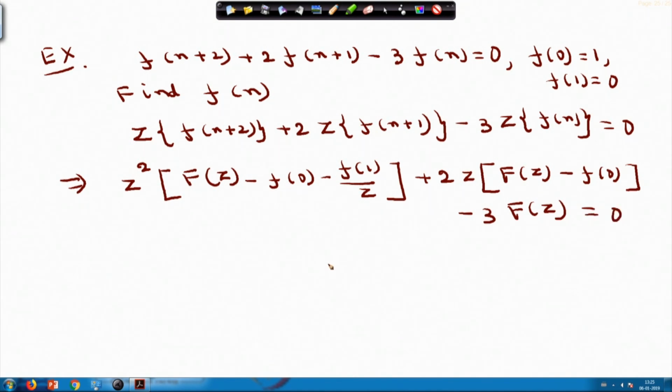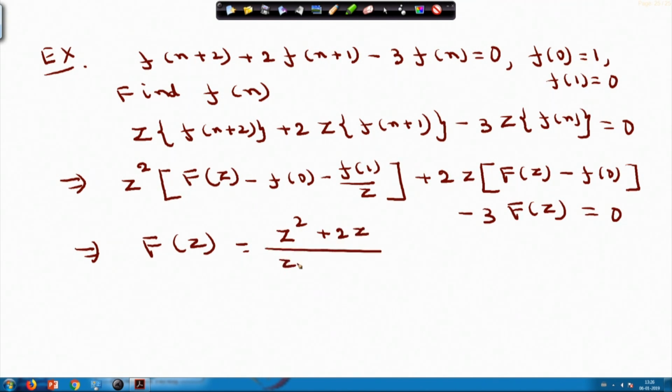So, now you know the values of f 0 and f 1. If I know the values of these two, then I can substitute them and ultimately find out what my F z is. My F z will then be z square plus twice z by z square plus twice z minus 3. Please check whether it is proper or not.